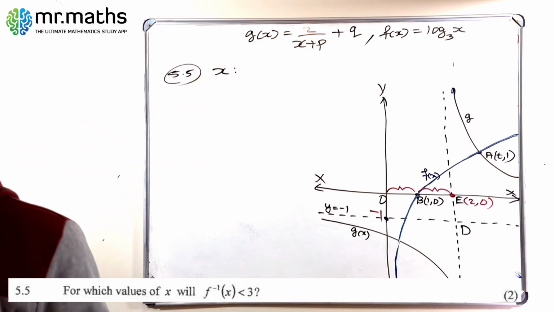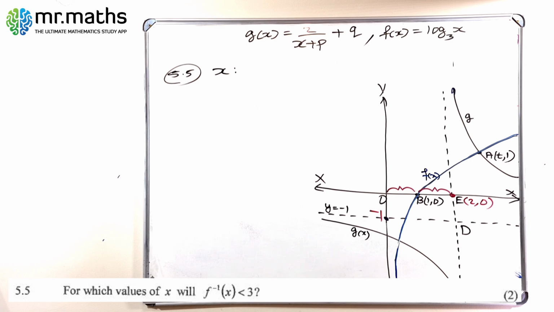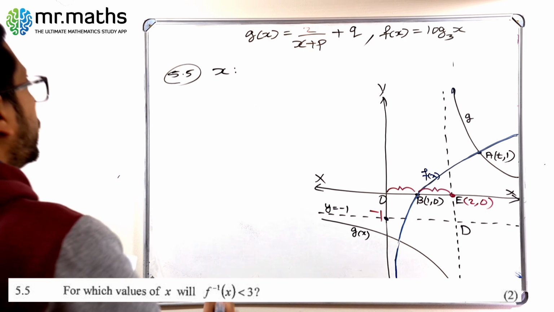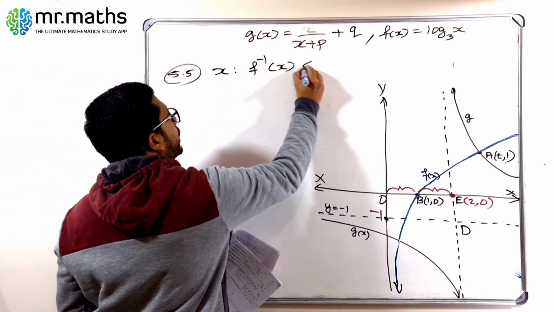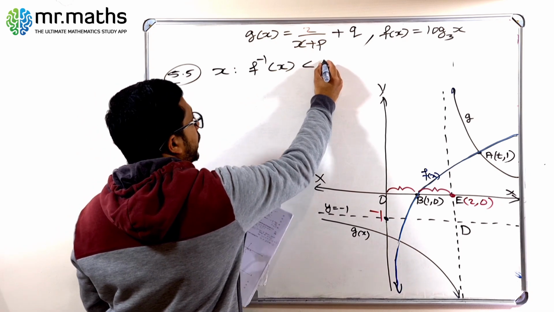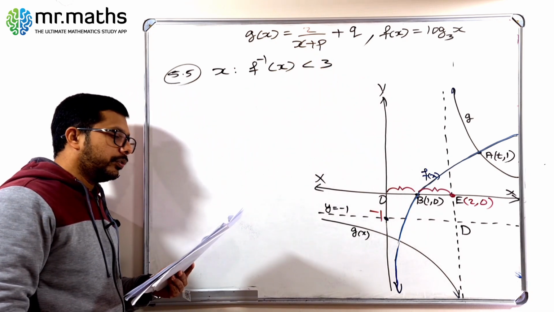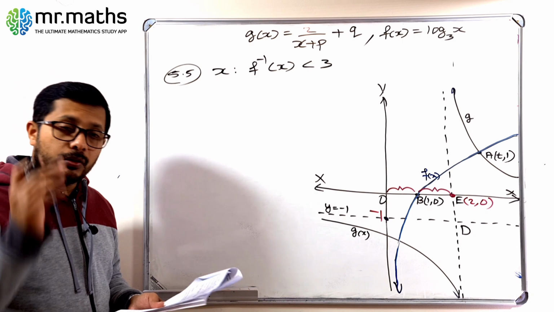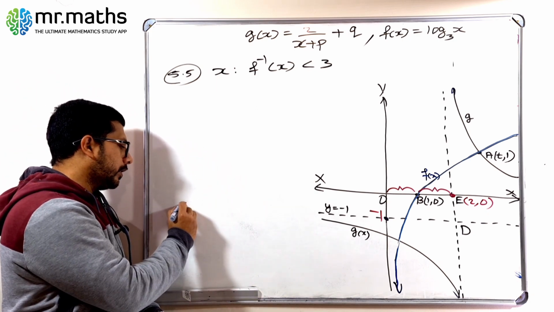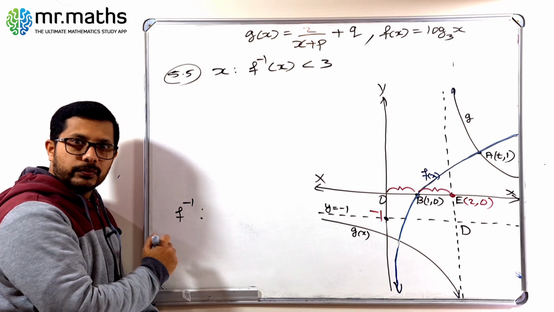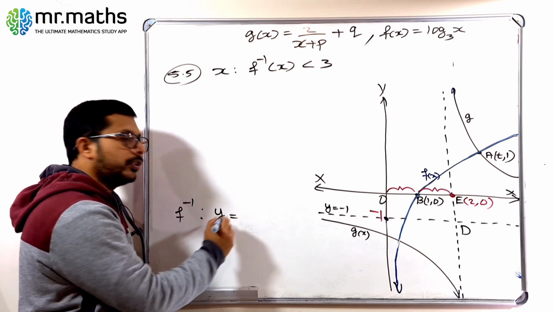The condition is f inverse of x is less than 3. Look at the previous question. The question was to find the equation of f inverse. Do you remember that one? What is the equation of f inverse we got?